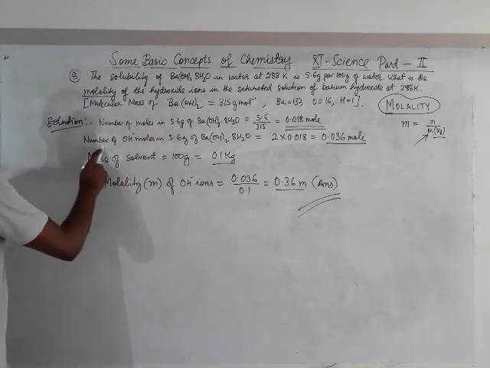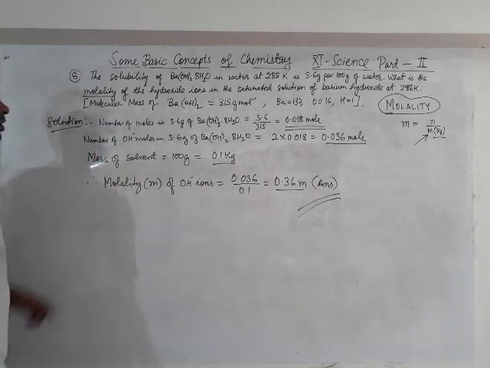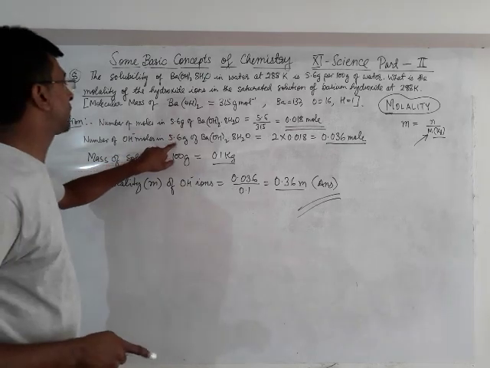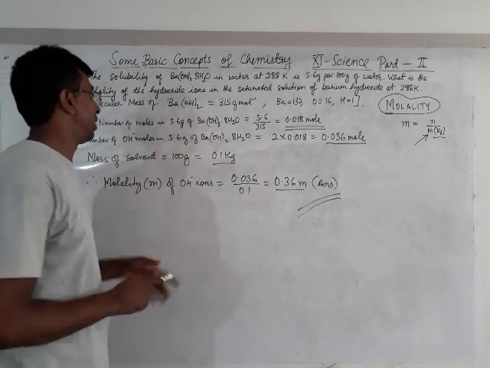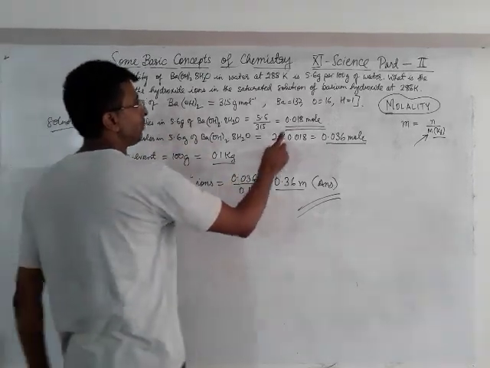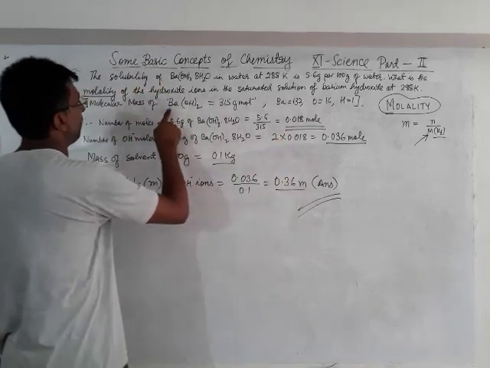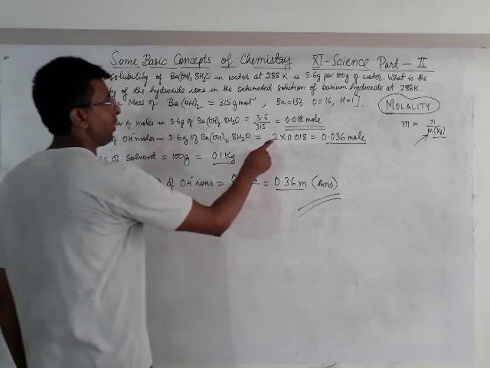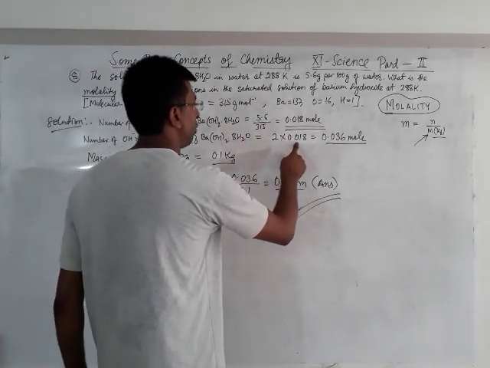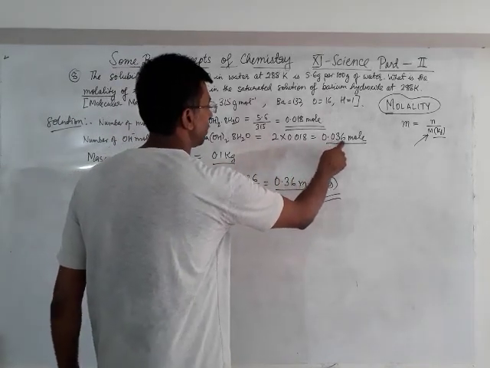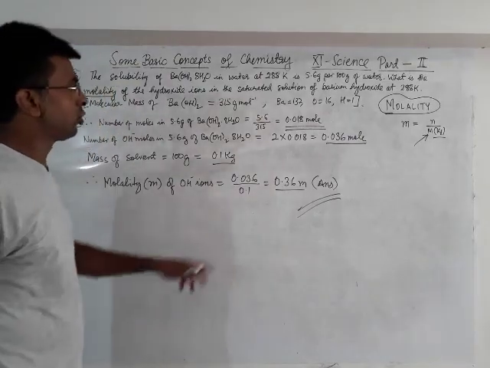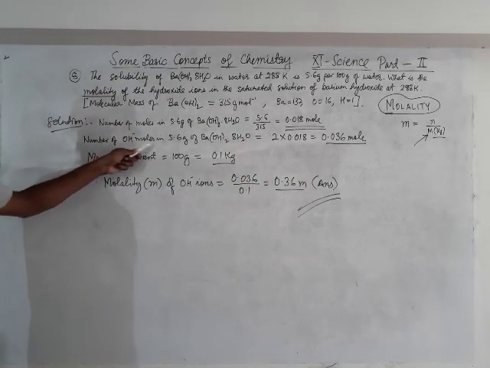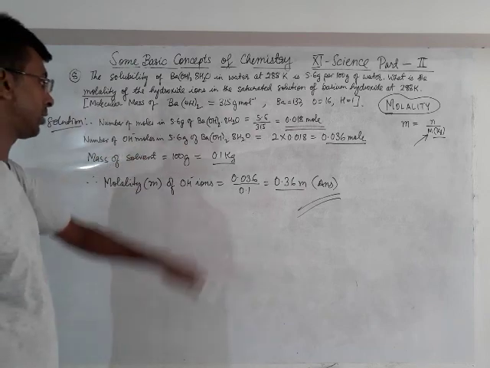So number of hydroxide ion moles present in 5.6 grams of barium hydroxide crystals will be 2 multiplied by this, because if you look at the formula of barium hydroxide over here, there are 2 hydroxide ions. That is why we have to multiply 2 into 0.018, which is coming to 0.036 moles. So 0.036 moles is the number of hydroxide ion moles present in 5.6 grams of barium hydroxide crystals.